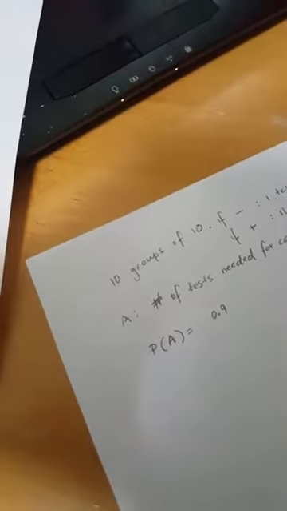So we take into account that the probability of, say, one person not having the disease is 0.9.